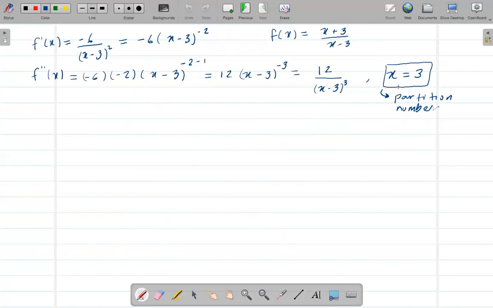So that's why this is not an inflection point, because we get this undefined if I say x is equal to 3. So again, there is no inflection point. All right.